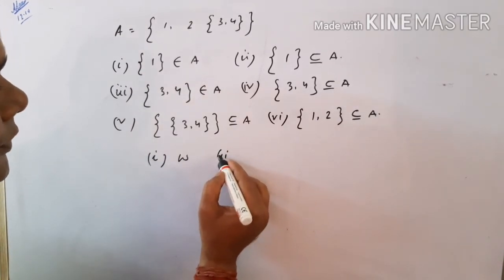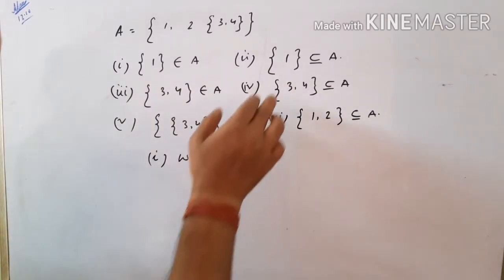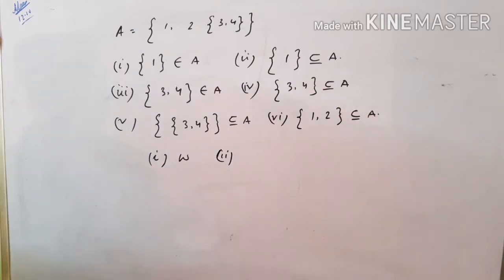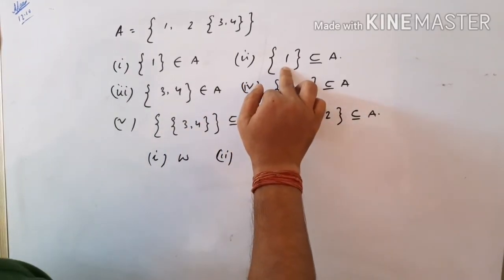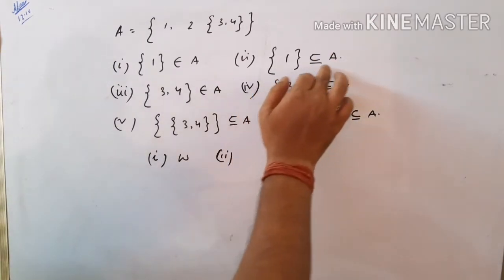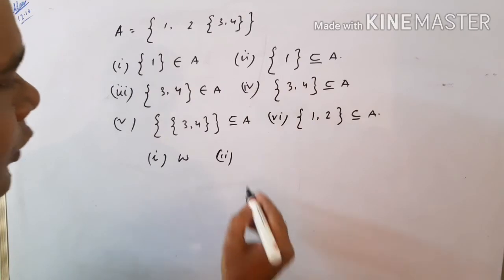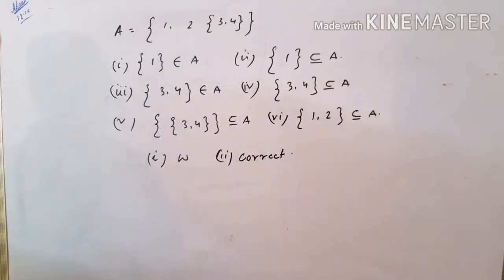Number 2. Now {1}. Clear? Already you have seen that {1} is a singleton set and this singleton set is obviously a subset of A. So here we have used the subset symbol. So this one is correct. Next, 3, 4.